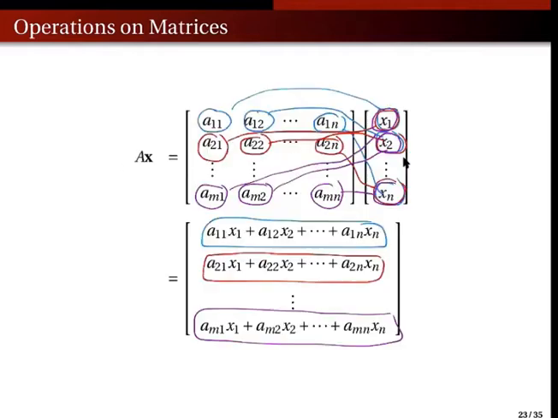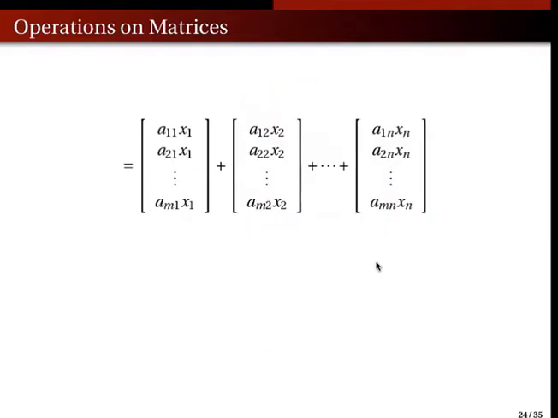Let me go back to this slide. You have that, the red guys, for the second entries. Now, look at this. For this column vector, you have all x1. For this column vector, you have all x2, until the last one, where you have all xn. And remember scalar multiplication: you multiply the scalar to all the entries in the matrix.